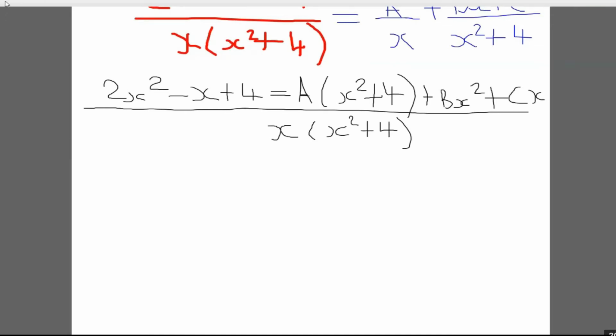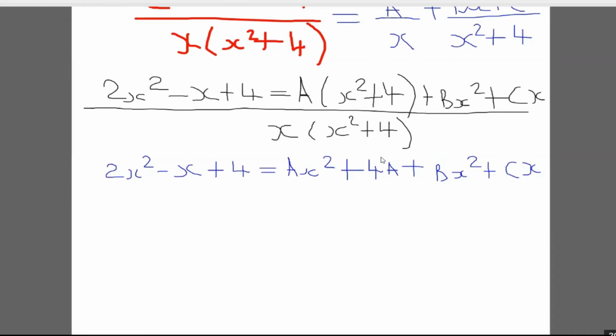So by equating the numerators, what we're virtually saying is 2x squared minus x plus 4 is equal to Ax squared plus 4A plus Bx squared plus Cx.